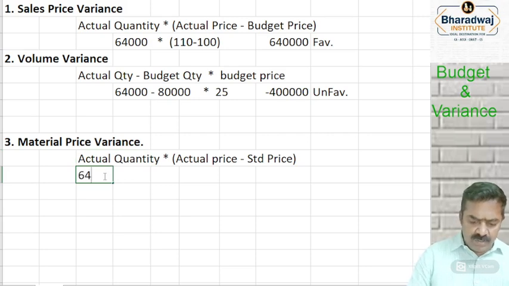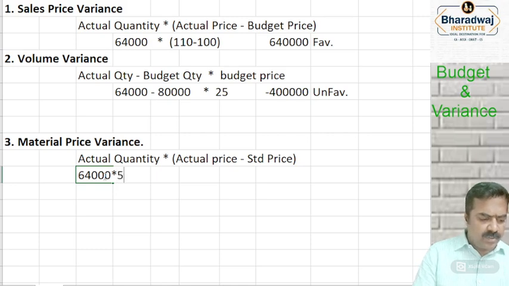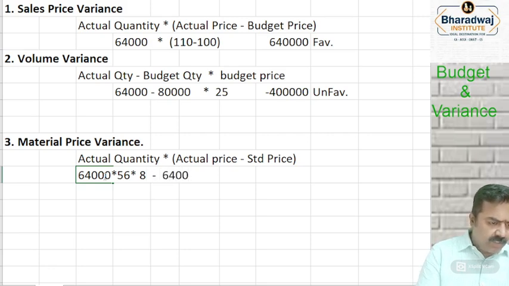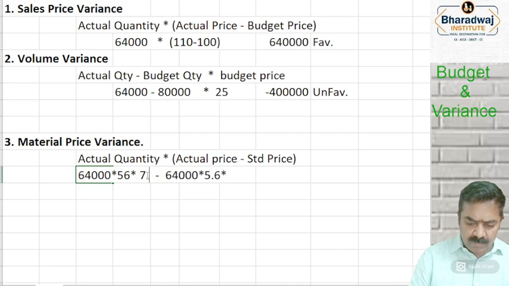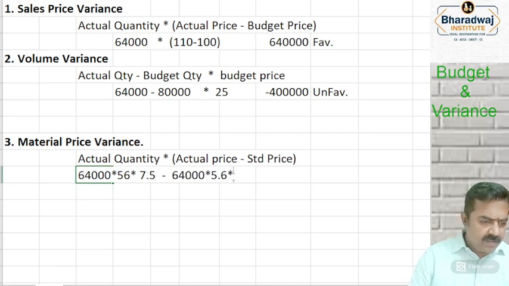I got 64,000 into the quantity used, 5.6, into actual price. Actual price is 7.5, right? This into 8.